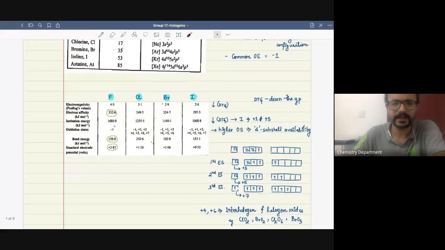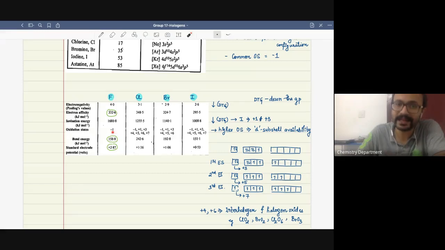Now, in this particular table, I have written down the oxidation states of various halogens. Fluorine only exhibits the -1 oxidation state and no positive oxidation state. The reason being it is the most electronegative atom, and to show a positive oxidation state, it needs to give off an electron.